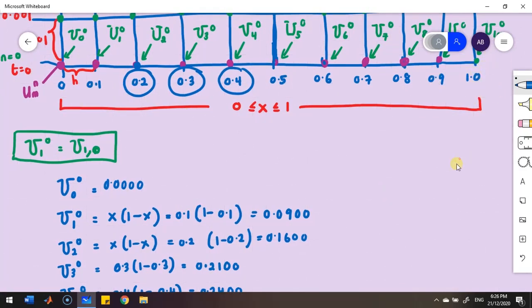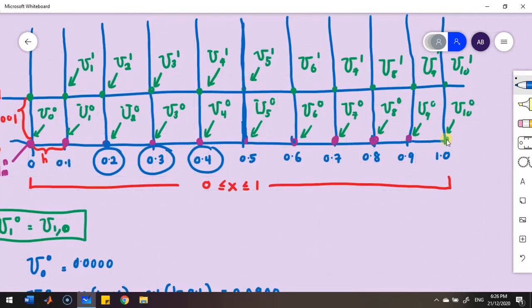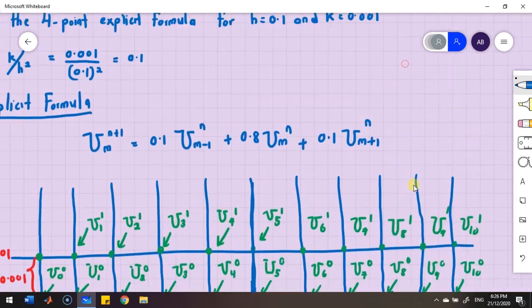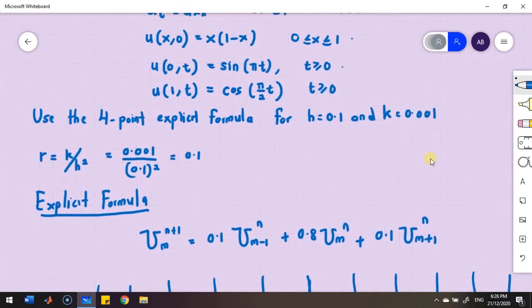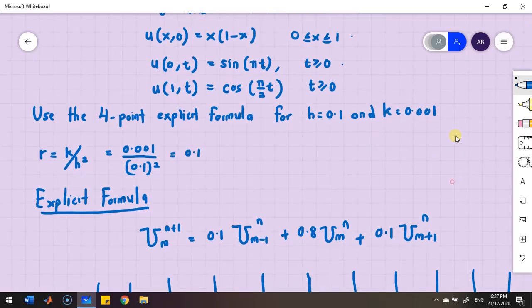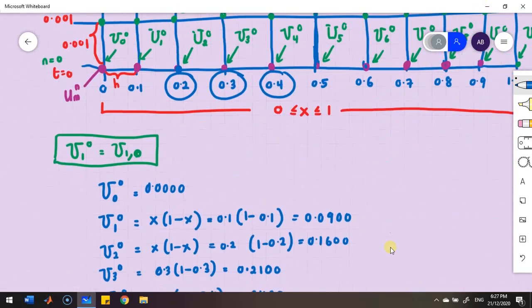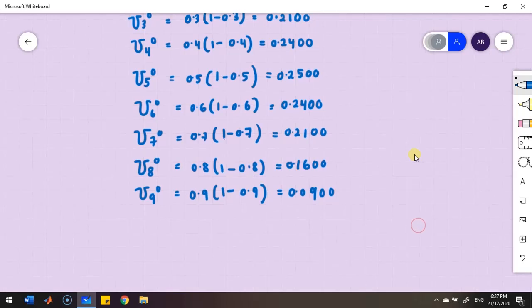Now at U10, this is the boundary condition for x equals to 1. What is the equation given for x equals to 1? You have U(1,t), which is cos of pi over 2 t. This is my boundary condition at x equals to 1.